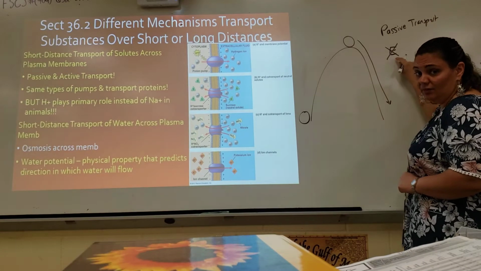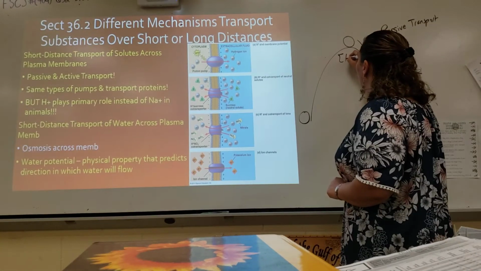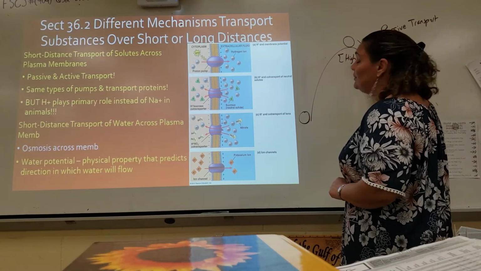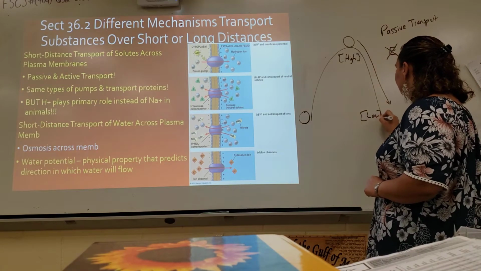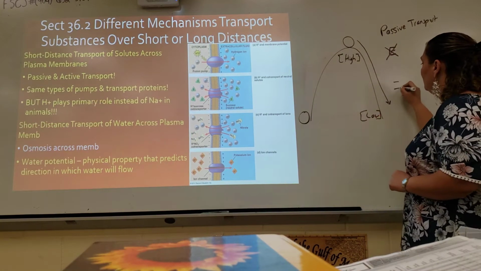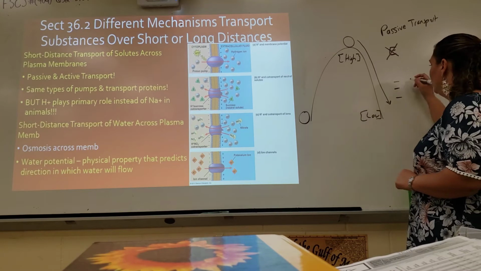No energy is given. You're going from an area of high concentration, remember the brackets mean concentration, to low concentration. Okay, there are three types of passive transport.